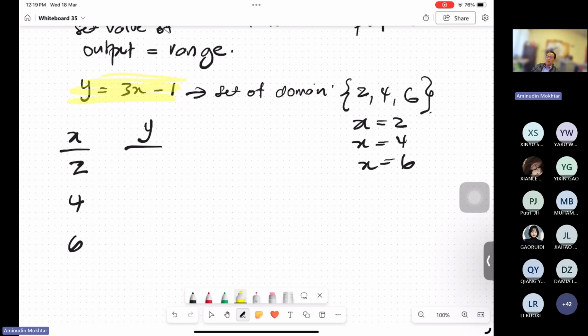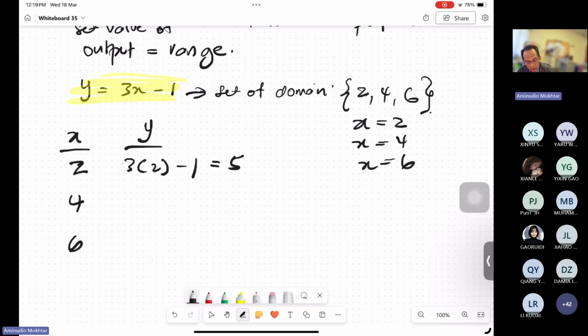When x equals 2, y equals, just substitute x equals 2 into the function, 3 times 2 minus 1, which is 6 minus 1, so y equals 5.